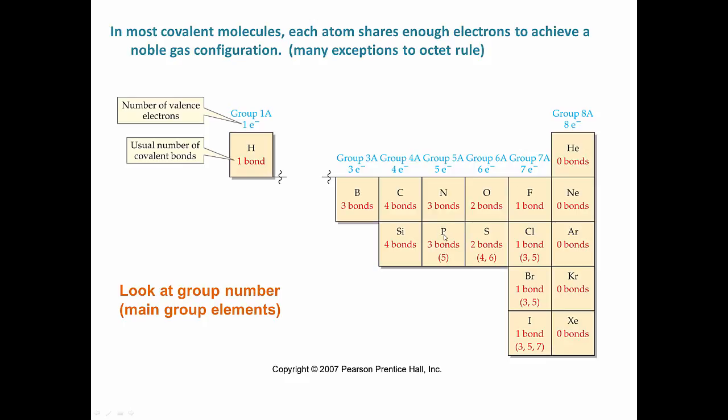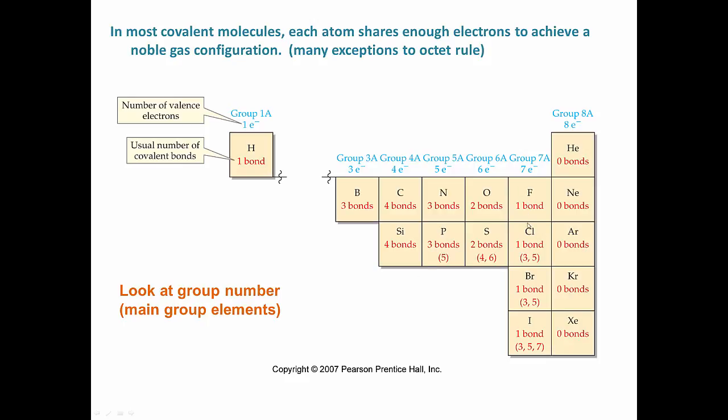But notice as we get to the 3rd period, some of these elements can form more bonds than they have valence electrons. Okay, so again, remember, we can determine the number of valence electrons by looking at the group number.